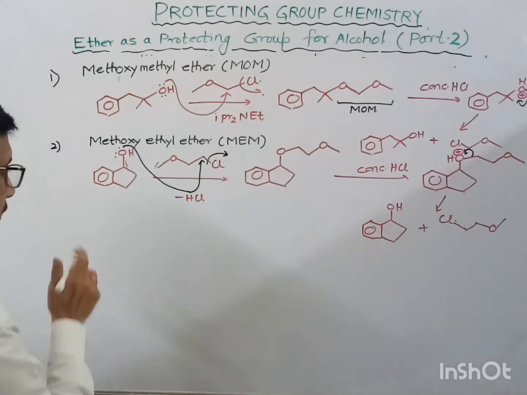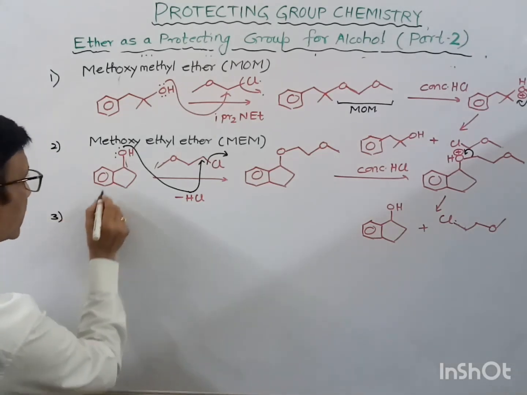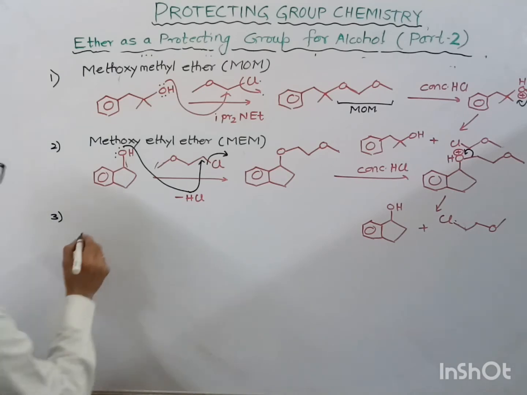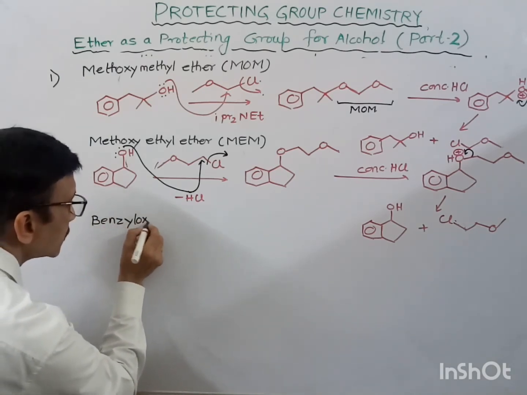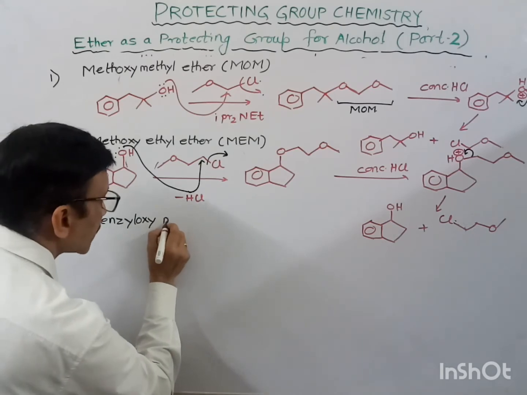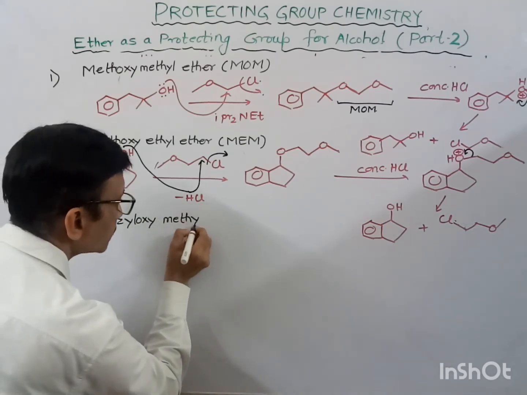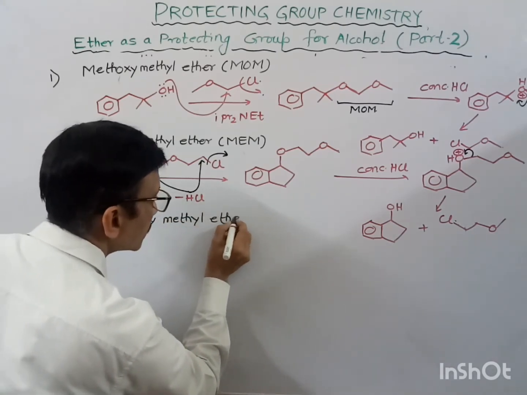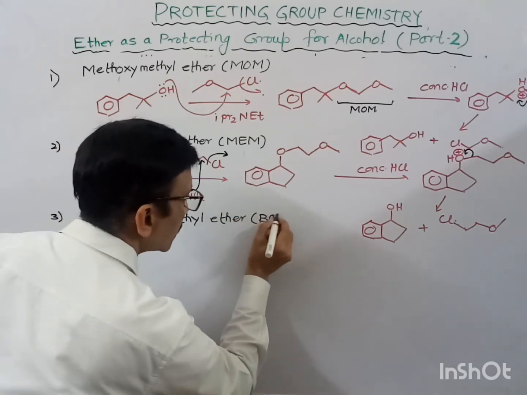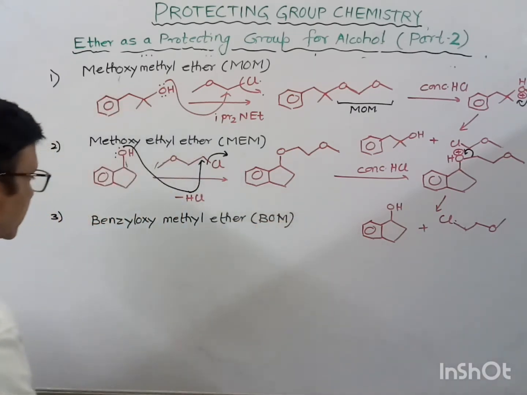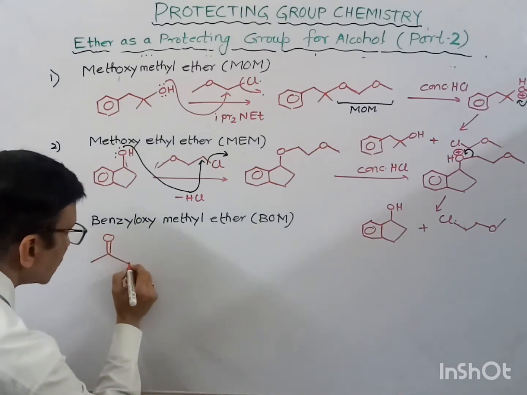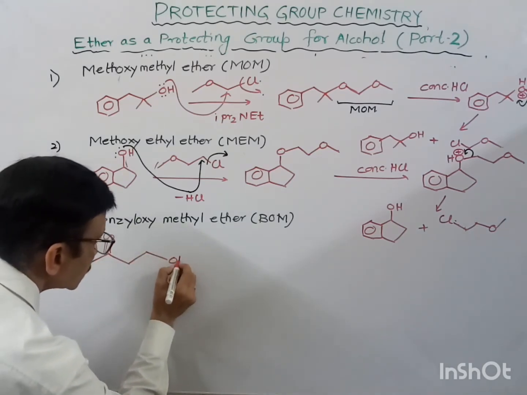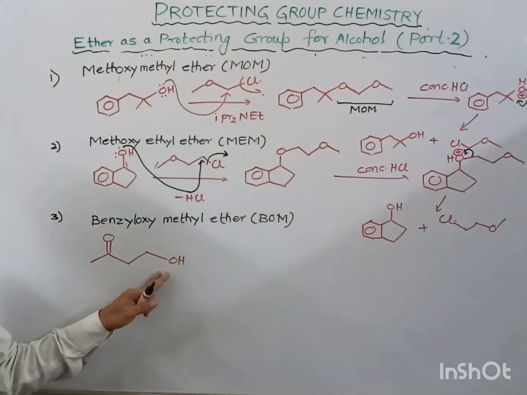Now the third one, let's take benzyloxy methyl ether. That is BOM. And let's take one of the examples. Suppose we have this OH group that we have to protect.